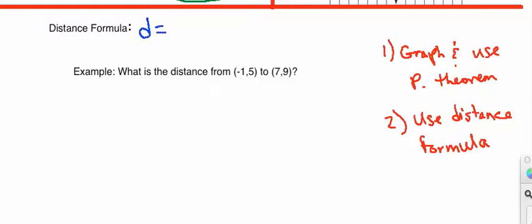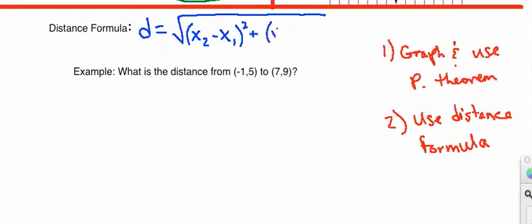The distance formula is given by d, for distance, equals the square root, and the square root extends all the way across here, x2 minus x1 in parentheses squared plus y2 minus y1 squared.